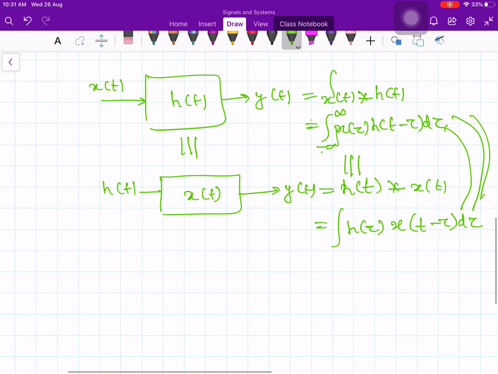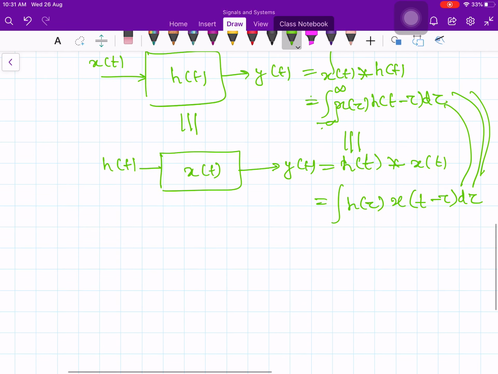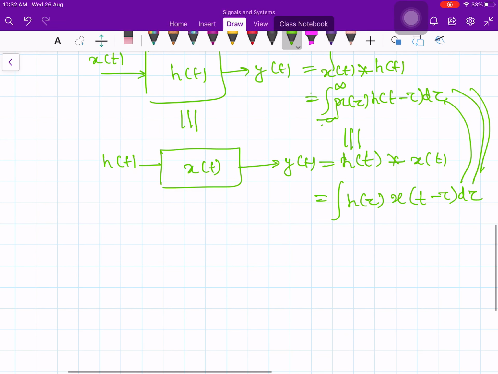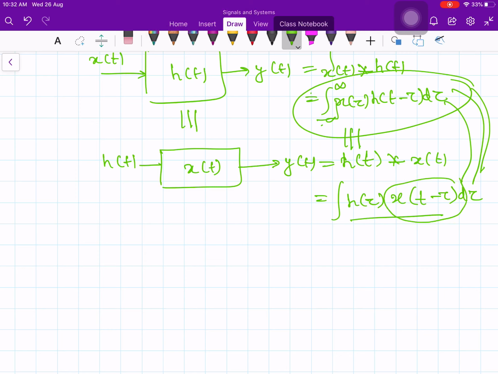So we could have calculated the first convolution by reflecting and shifting x of t, then multiplying x of t minus tau with h of tau, and doing the integration from minus infinity to plus infinity over tau.